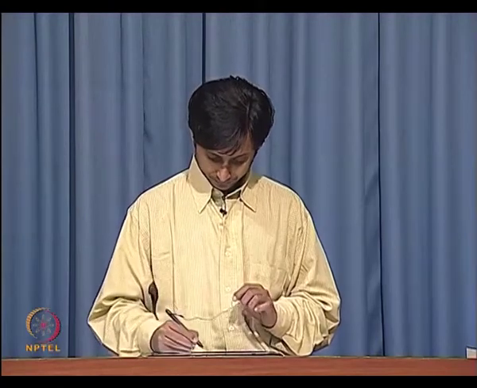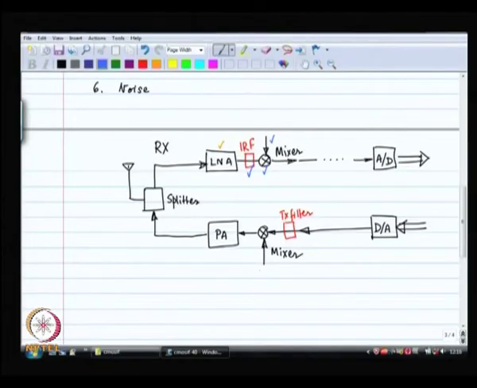Then, these frequency synthesis techniques apply to both the transmit and the receive path. Typically what happens is that you make one frequency synthesizer and somehow generate both the transmit and the receive frequencies employing the same frequency synthesizer, the same feedback loop.